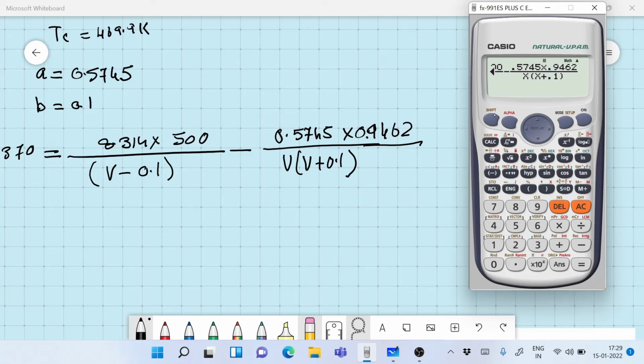There we have the equation. Now we press shift and we press solve and we press is equal to. Now it starts solving. Now we get a value of 1.334.